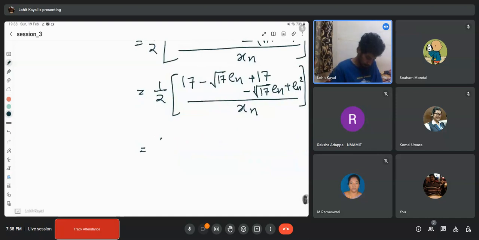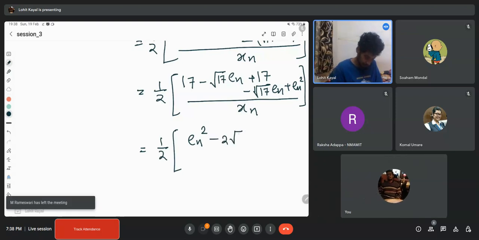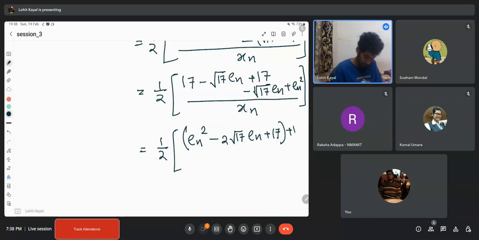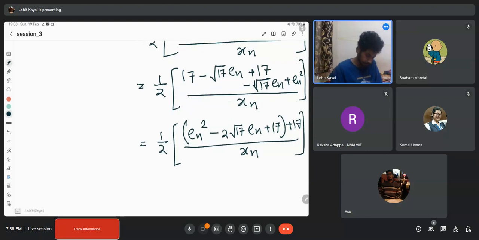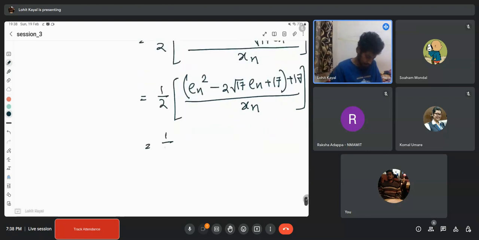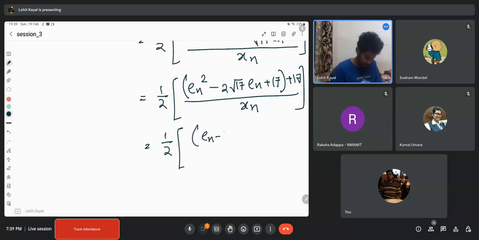So we have got half en square minus 2 square root of 17 en plus 17 by xn. So this result is en minus square root of 17 whole square.